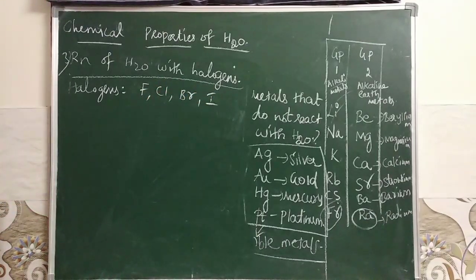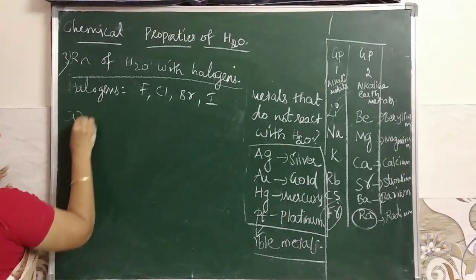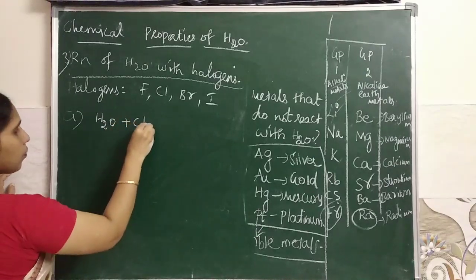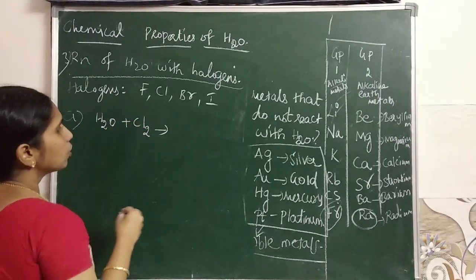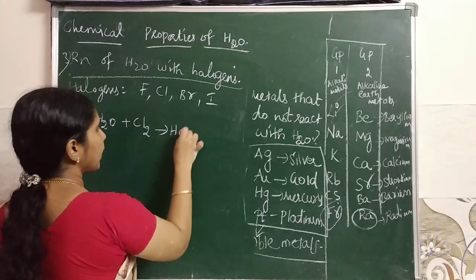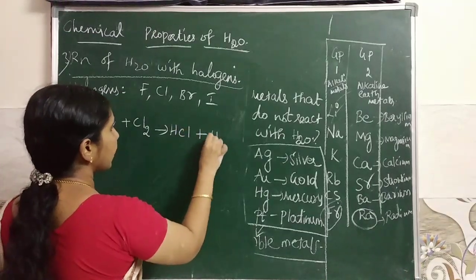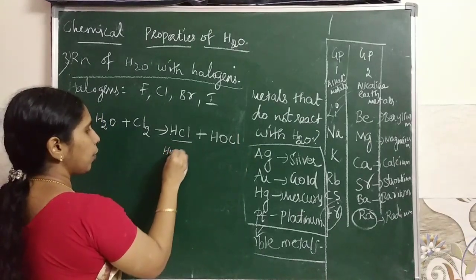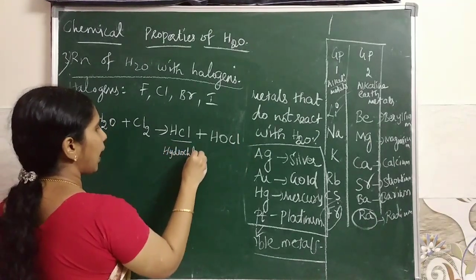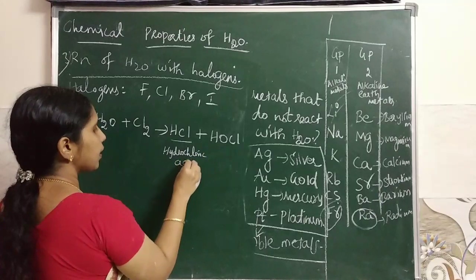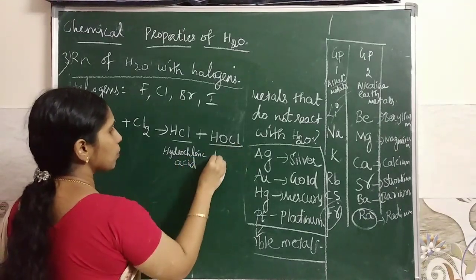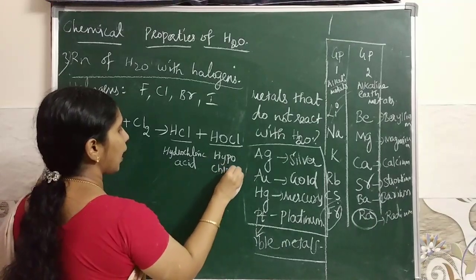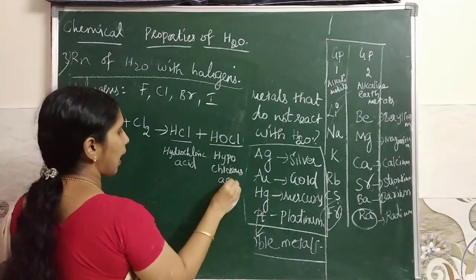So here water reacts with chlorine first. Water reacts with chlorine, forming two types of acid. One is HCl and another is HOCl. HCl is hydrochloric acid or hydrogen chloride. HOCl is hypochlorous acid.